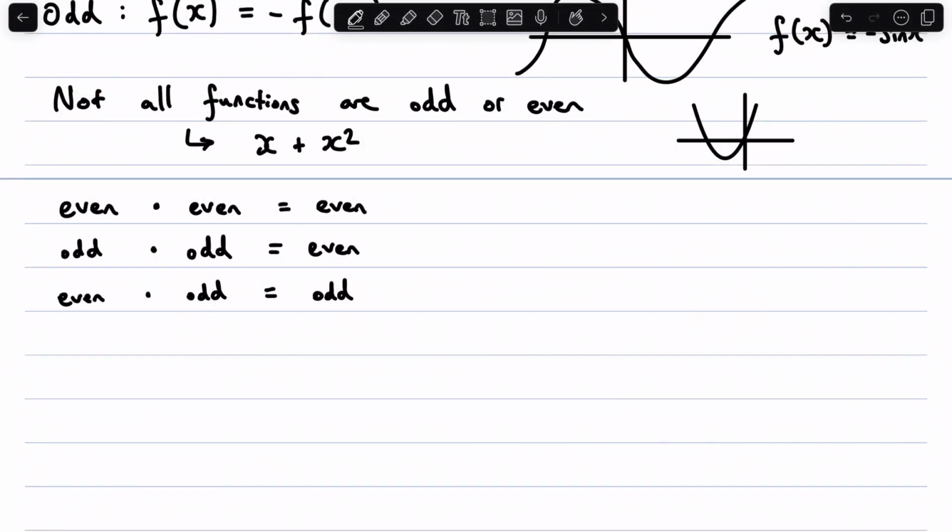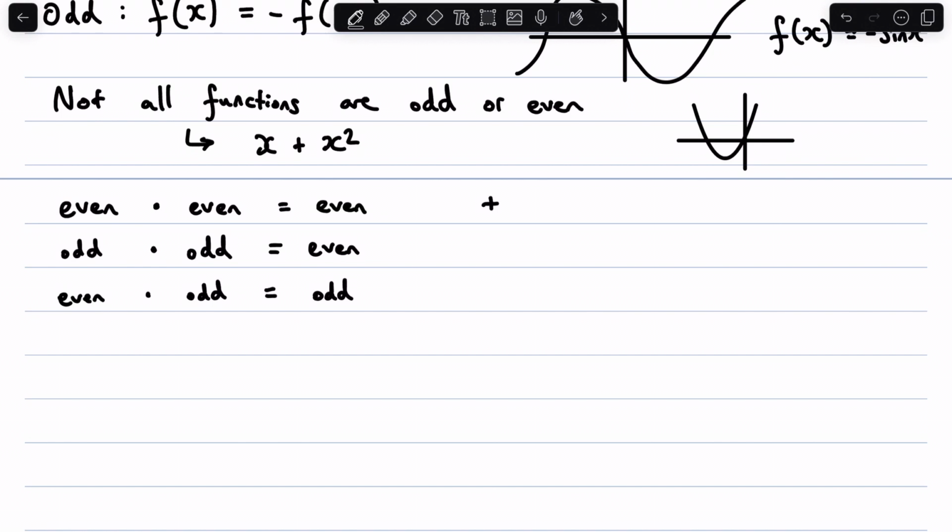A useful tip to remember when multiplying functions together is that an even function times an even function is going to result in an even function. Similarly, an odd times an odd will result in an even function. And then an even times an odd or an odd times an even will result in an odd function. And I remember this by thinking of positive and negative numbers.